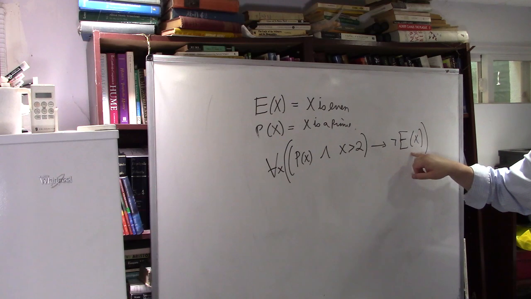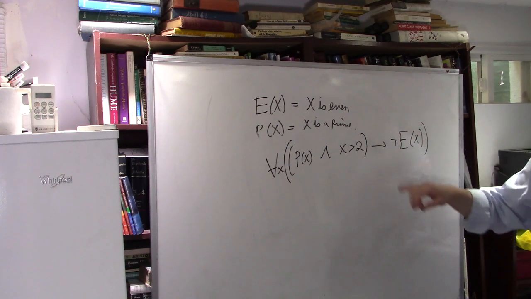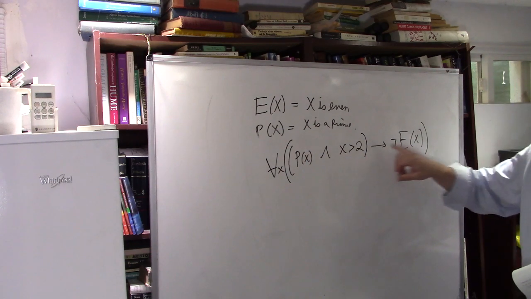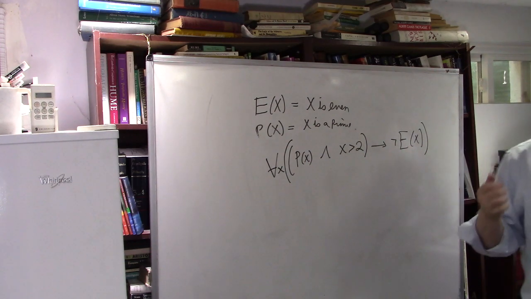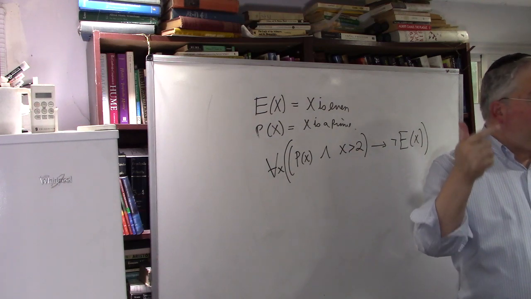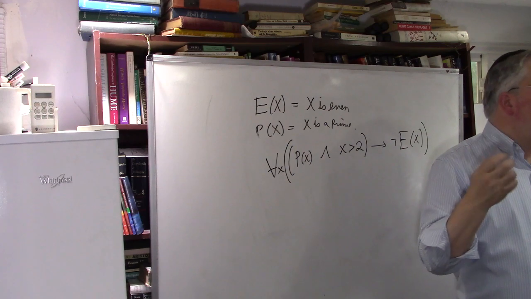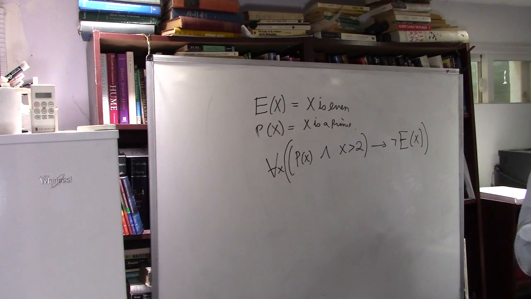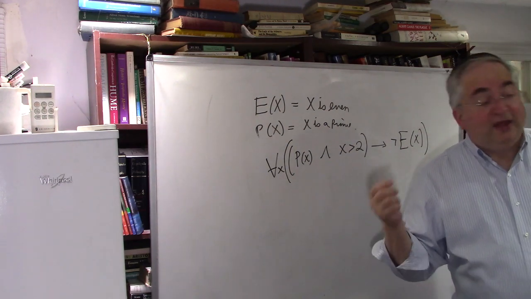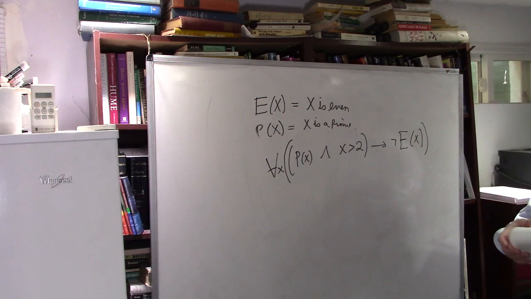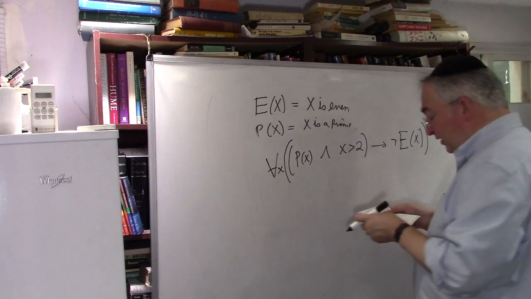What's not even? Odd. You're either odd or even. So let's go through the prime numbers: 3, 5, 7, 11, 13, all those are prime numbers. They don't divide by anything, and particularly they don't divide by 2. If you don't divide by 2, then you're not even, you're odd. So this is true.